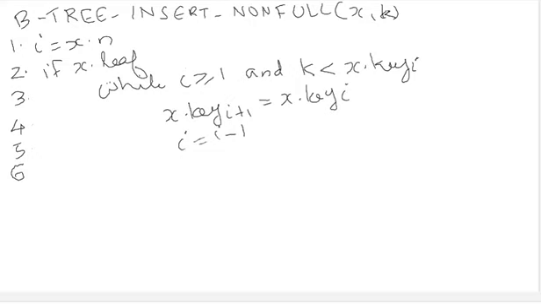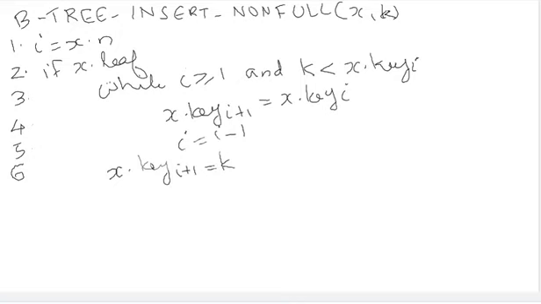Clear? We check whether i is greater than or equal to 1 and k is less than x.key[i]. If that is true, we shift these keys one position, and every time we decrement i.